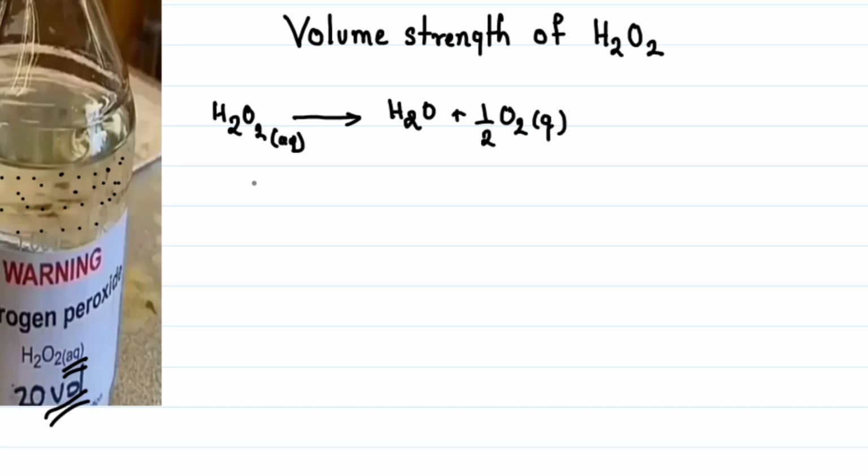The definition of volume strength is: if 1 liter of H2O2 aqueous solution is taken, then the volume of O2 produced at STP is known as the volume strength.